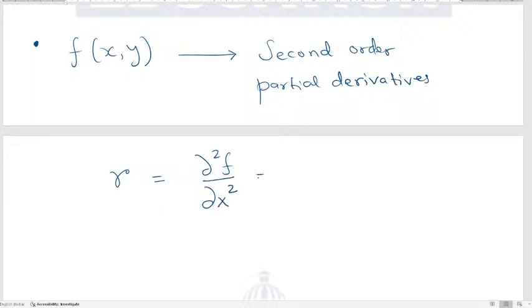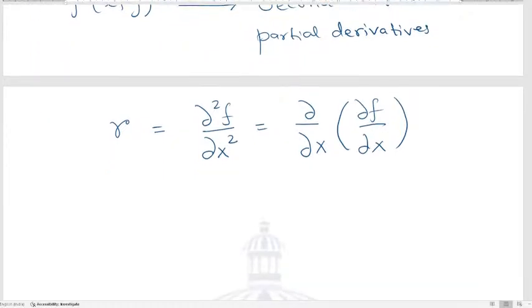How to find that? It is very easy. You already have tau f by tau x. You differentiate tau f by tau x partially with respect to x, keeping y as a constant.